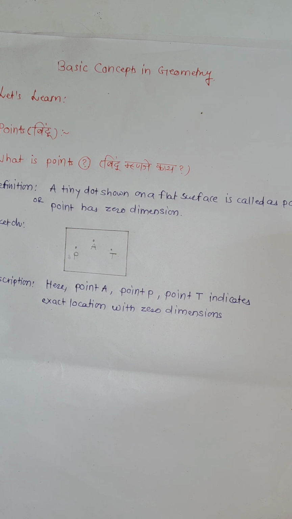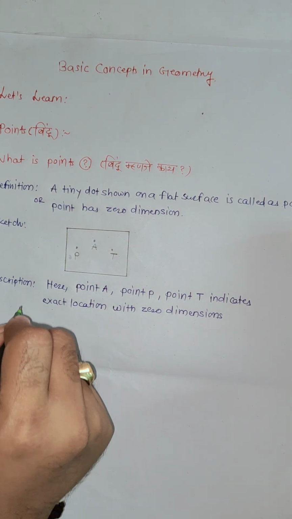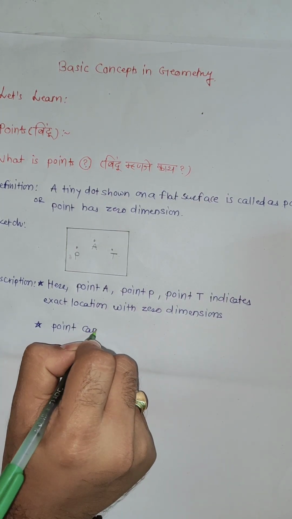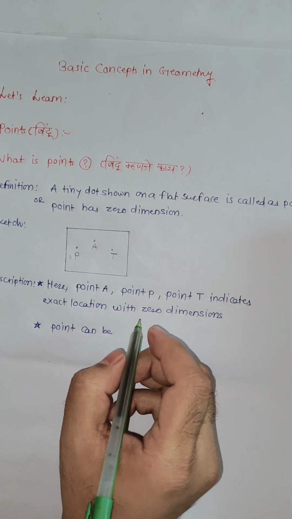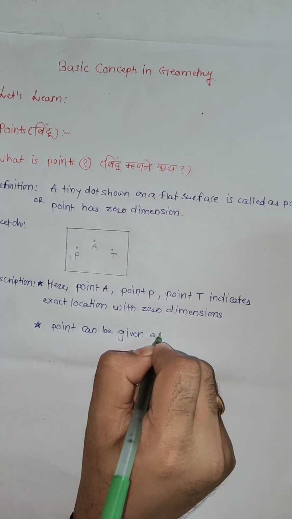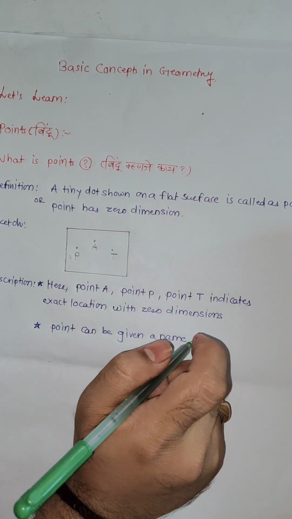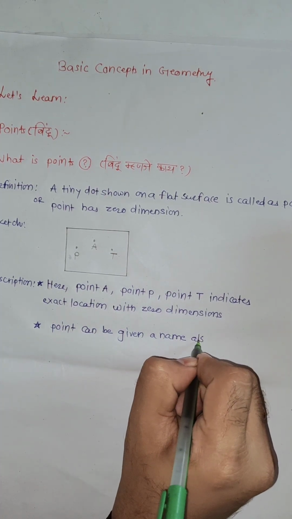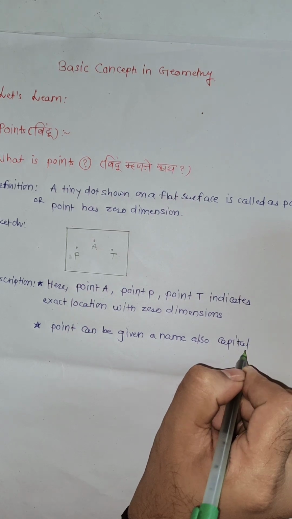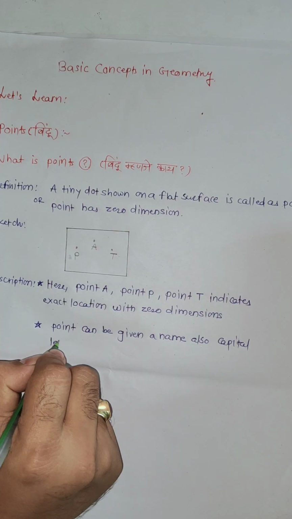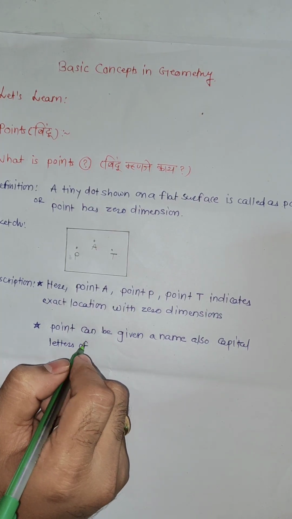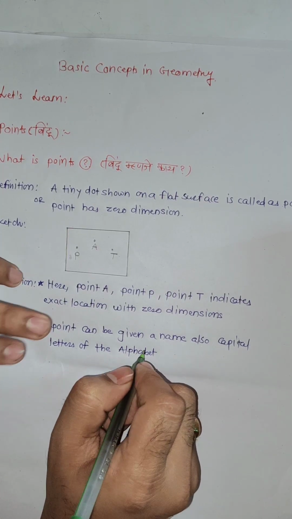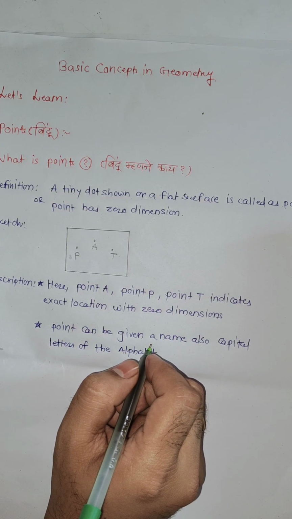Also, a point can be given a name. Capital letters of the alphabet are used to name a point.